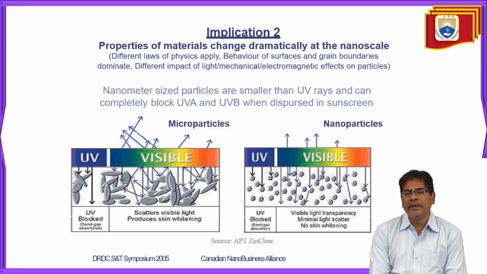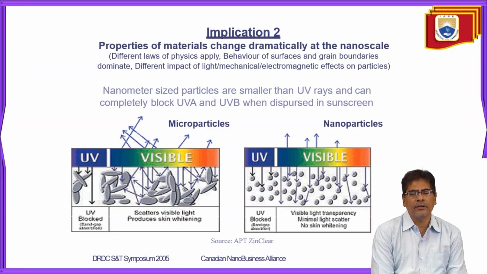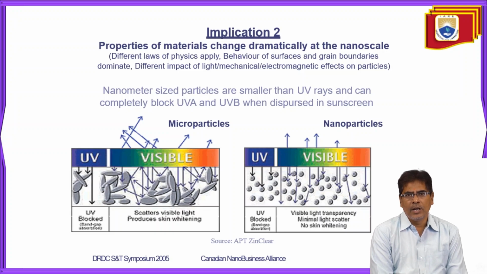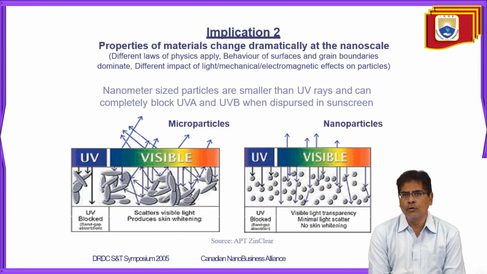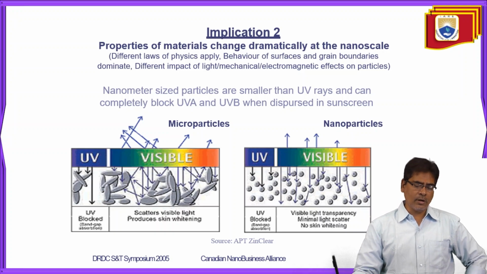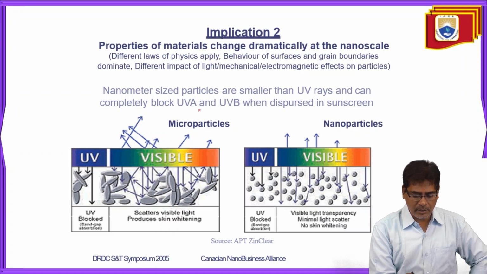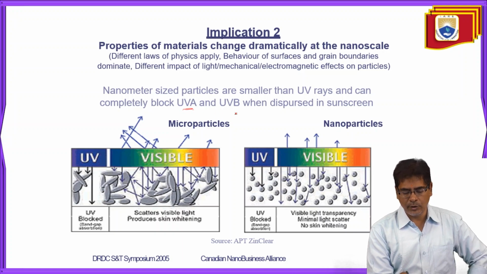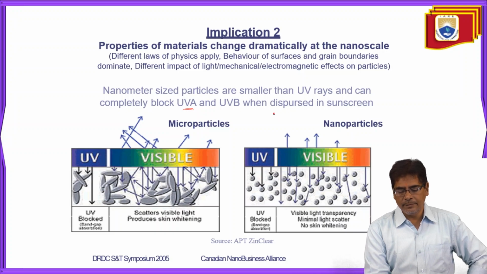The behavior of surfaces and grain boundaries dominate, with a different impact of light or mechanical or electromagnetic effects on particles. Nanometer-sized particles are smaller than the wavelength of ultraviolet rays and can completely block UVA and UVB light when dispersed in sunscreen.